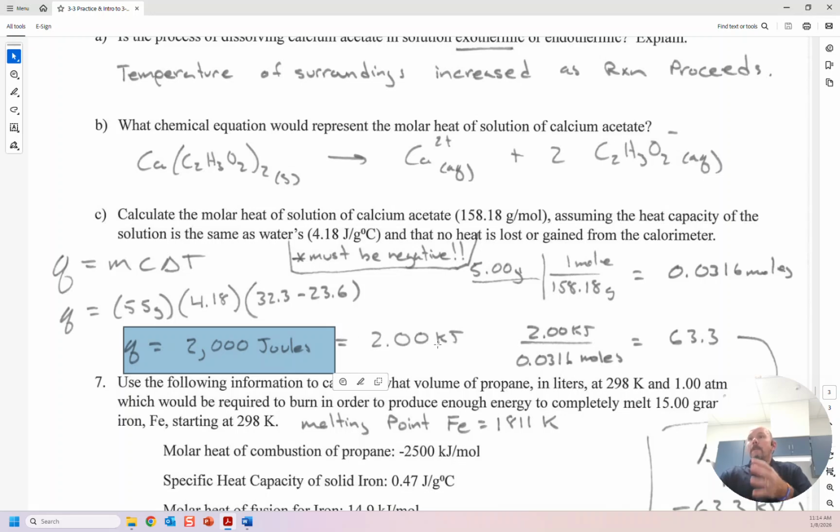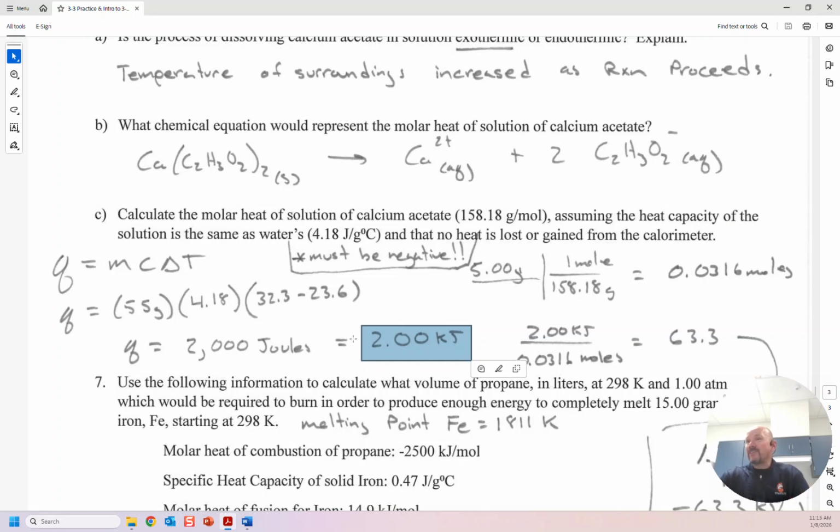Okay. But understand, when we report it for the delta H of the reaction, we're going to have to change this to a negative number. So it was 2 kilojoules of energy absorbed by the surroundings, which means 2 kilojoules of energy released by the reaction. Okay. Now remember, we wanted an energy per mole of this.